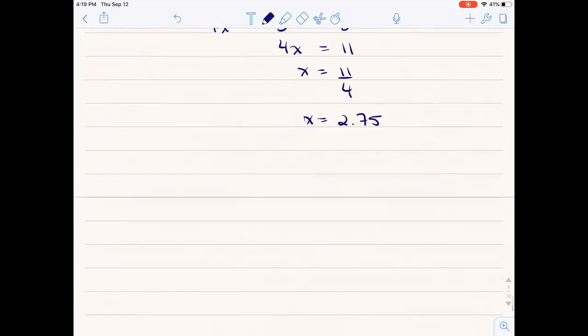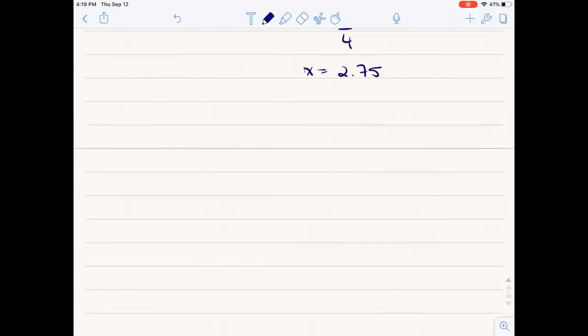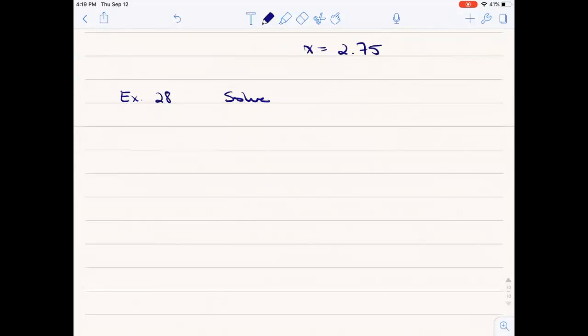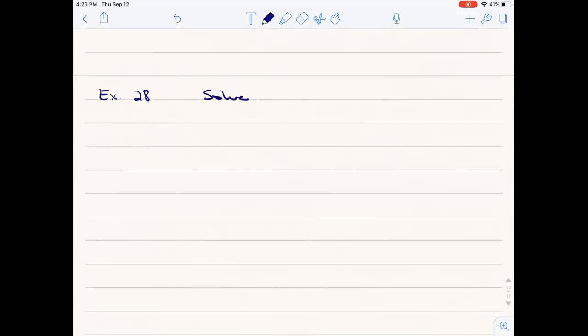What if we have something like example 28? I'm going to move this because I've got a page break here. May as well put it all on a new page.